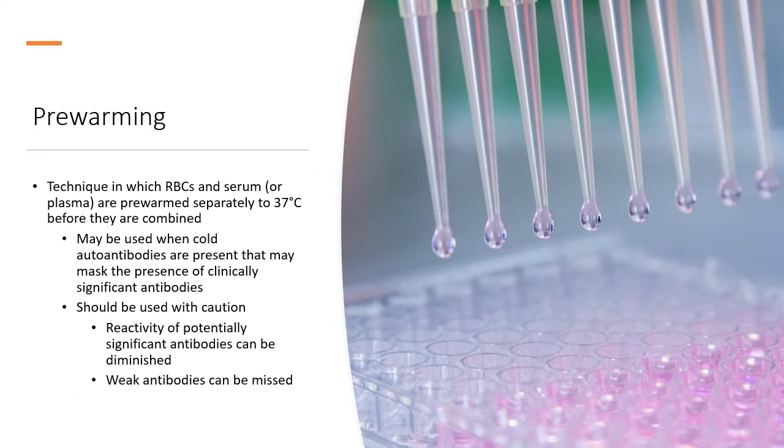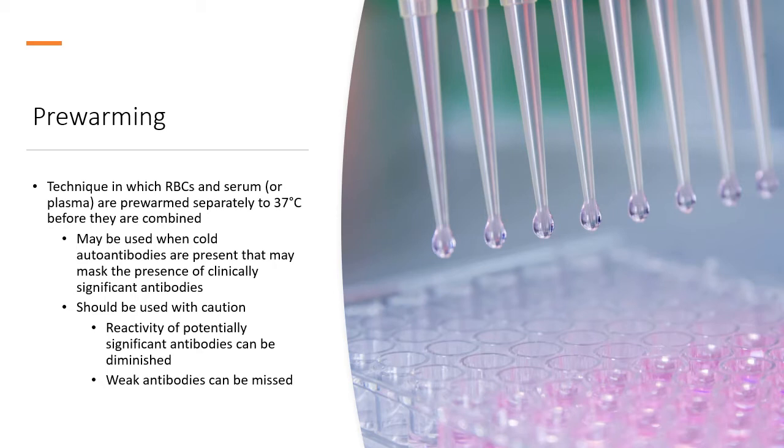One technique you can use is called pre-warming. I mentioned it briefly in a previous presentation. It's the technique in which red blood cells and serum or plasma are pre-warmed separately to 37 degrees before they are combined. You take and separate your red blood cells and your serum, and put them in two separate tubes.